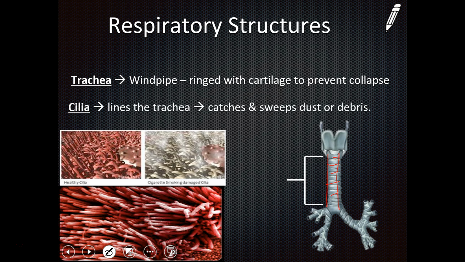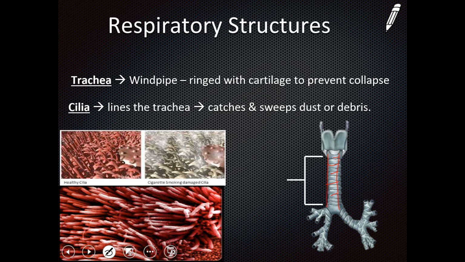Also, if you look at the inside of the trachea, it has these little tiny structures called cilia. And cilia does kind of look like the villi that we saw in the digestive system, but it has a different function. The cilia secrete a mucus. So when you take a breath in, and if you inhale any particles, the cilia and the mucus will trap those particles.